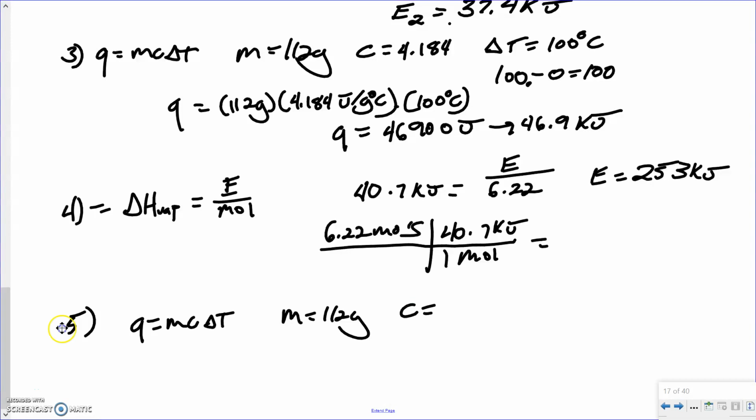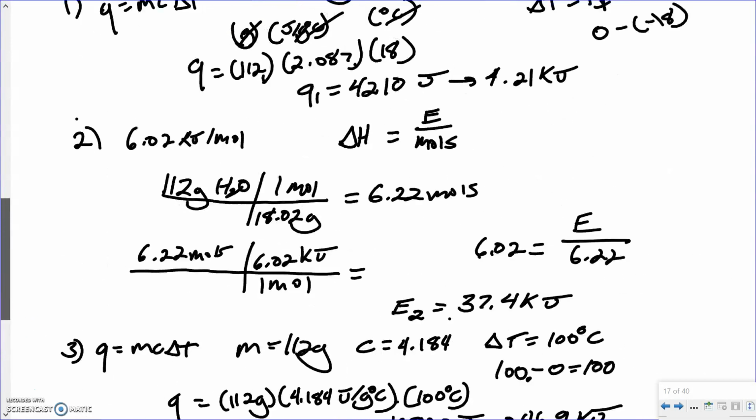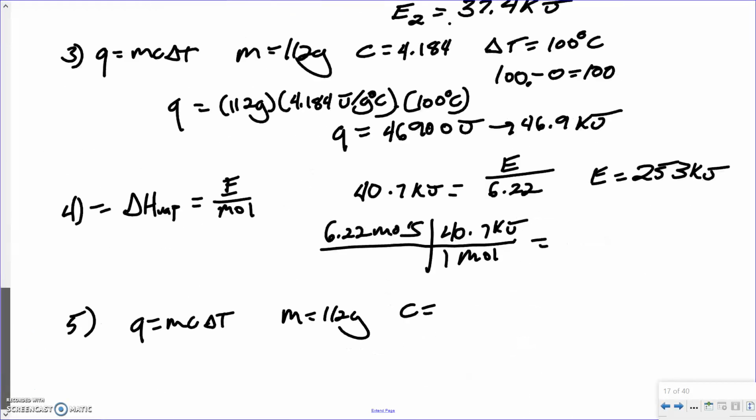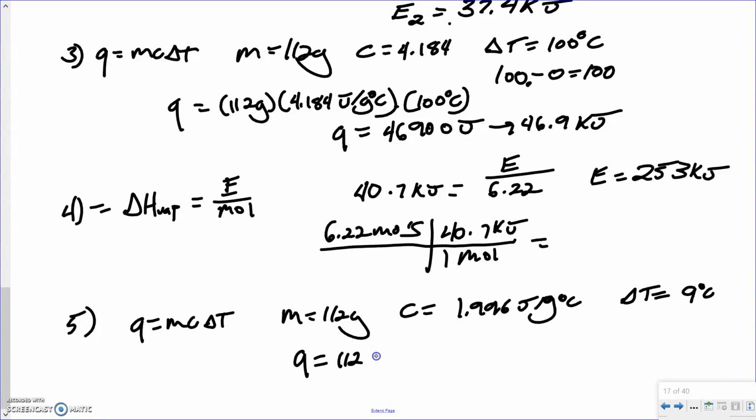C is now, I believe, 1.996. Yep, 1.996. And that is joules per gram degree Celsius. And then, of course, our change in temperature here is only 9 degrees Celsius because we're going from 100 to 109. So Q is going to be equal to 112 times 1.996 times 9.